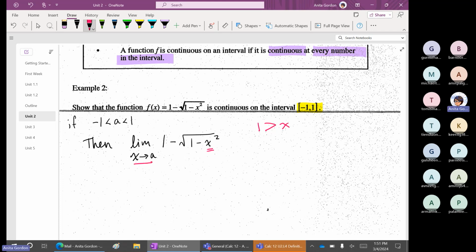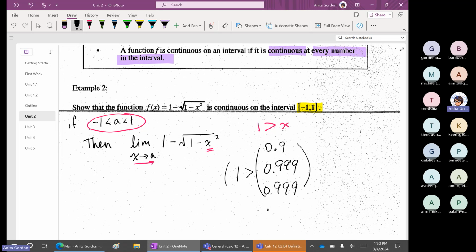If we let x approach a, and a is strictly within, meaning its absolute value is less than 1, then its square will be less than 1. What I'm saying is, we can say 0.9, 0.99, 0.999. As long as it's strictly less than 1, then this squared is going to be less than 1.